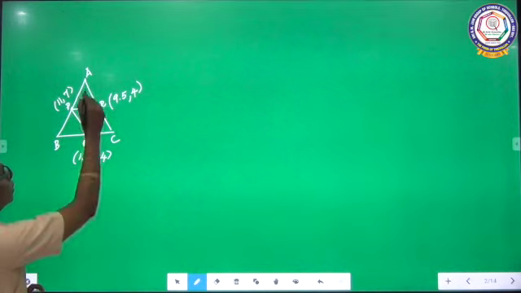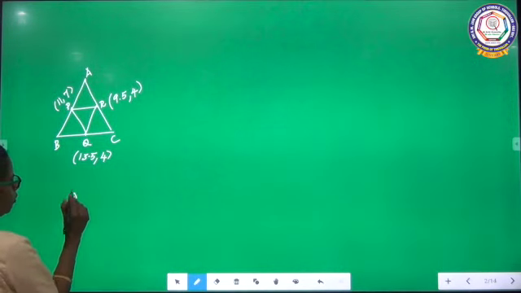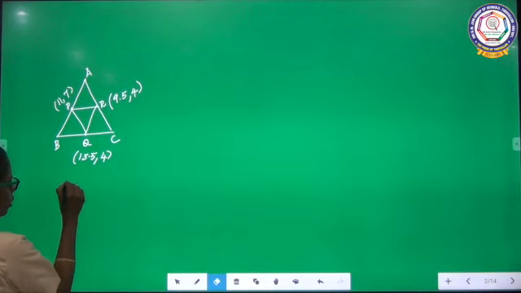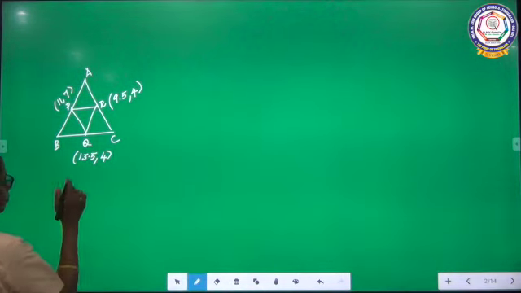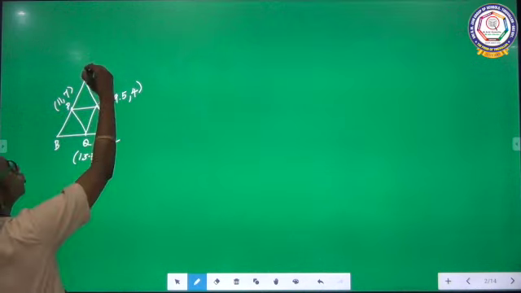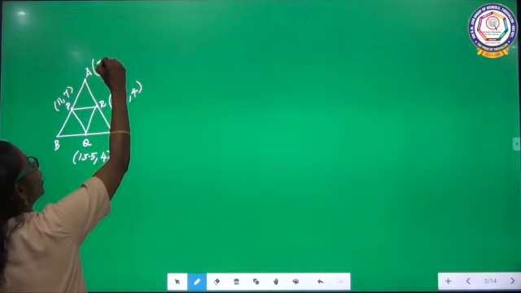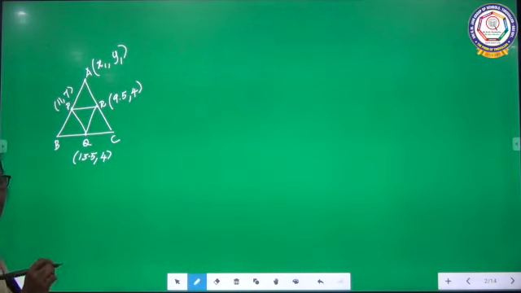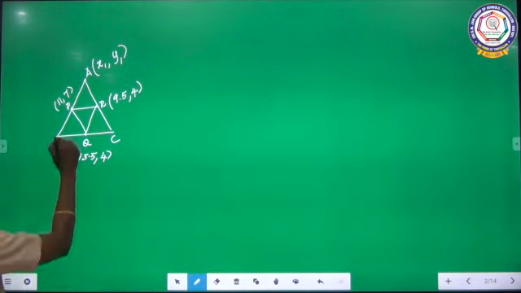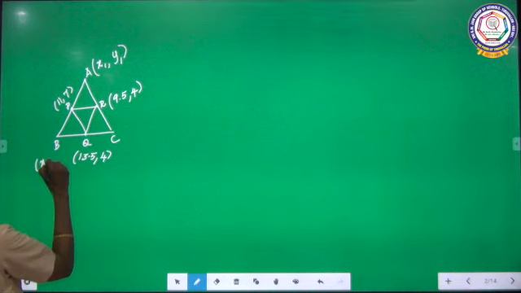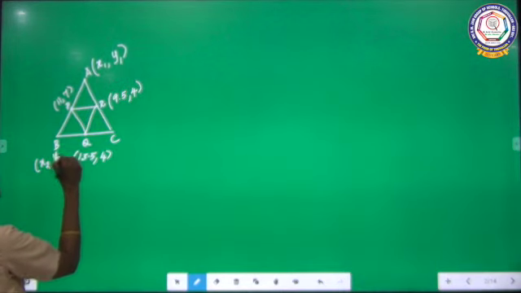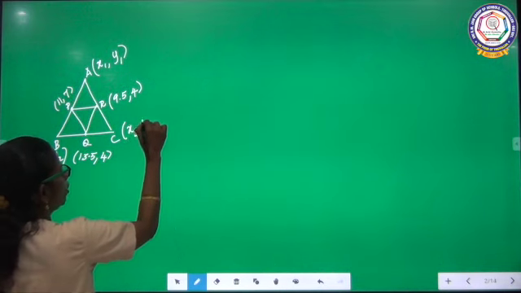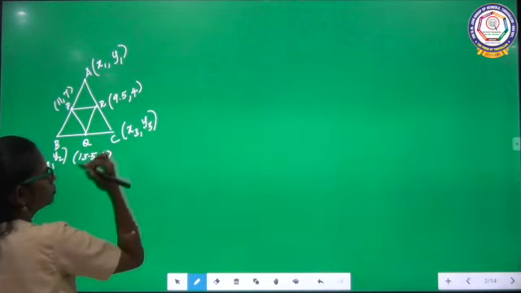Now, midpoint. What is the midpoint formula? You know, right? Before that, you should consider A as (x1, y1), B as (x2, y2), C as (x3, y3).